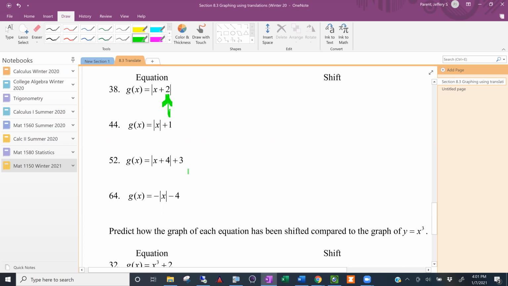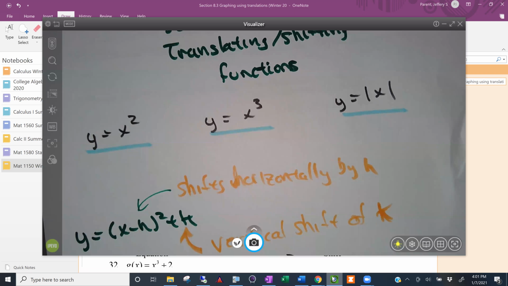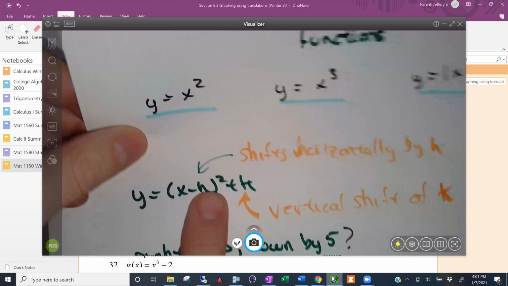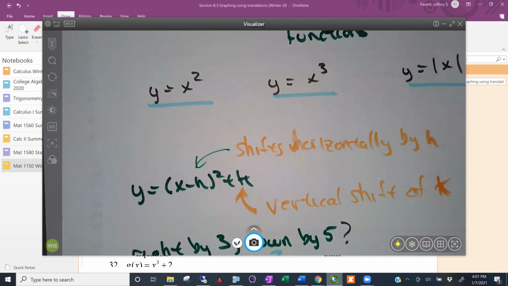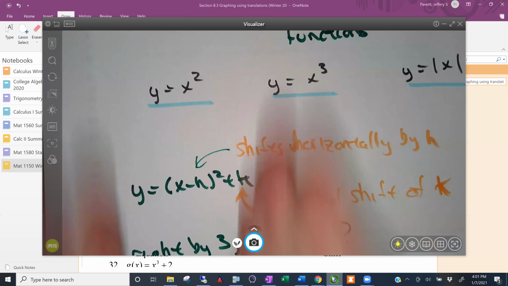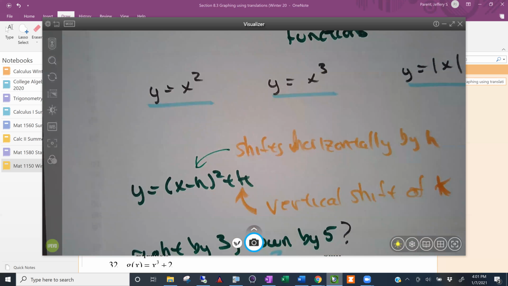Well, when we're working with the parabola, when we change things inside the parentheses, that causes a horizontal shift. Now for our absolute value, when we change things inside the absolute value, it's likewise going to cause a horizontal shift. So let's see if we can figure out what that one looks like.